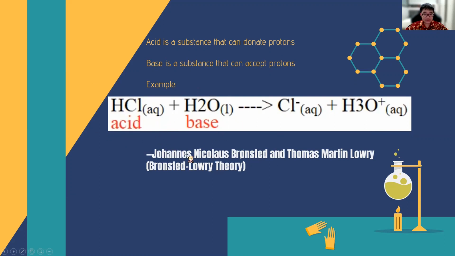The reason is that the HCl donated a proton to the H2O, which makes H3O positive, while the H2O accepted the proton from the HCl, which makes the chlorine negative.